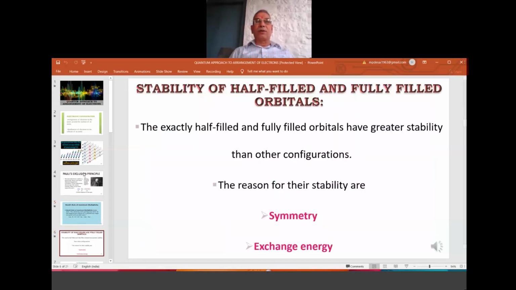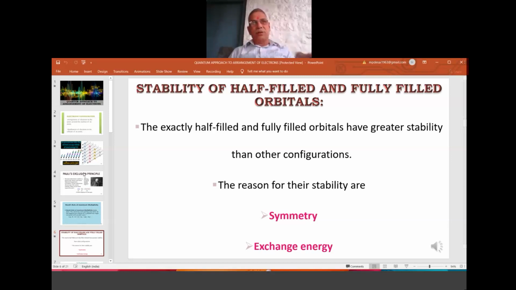Now, after this, we went to the stability of half-filled and fully filled orbitals yesterday. They are stable because of two reasons: symmetry and exchange energy. Symmetry looks beautiful, so they love symmetry. Second is exchange energy. They keep exchanging places within the same degenerate orbitals.